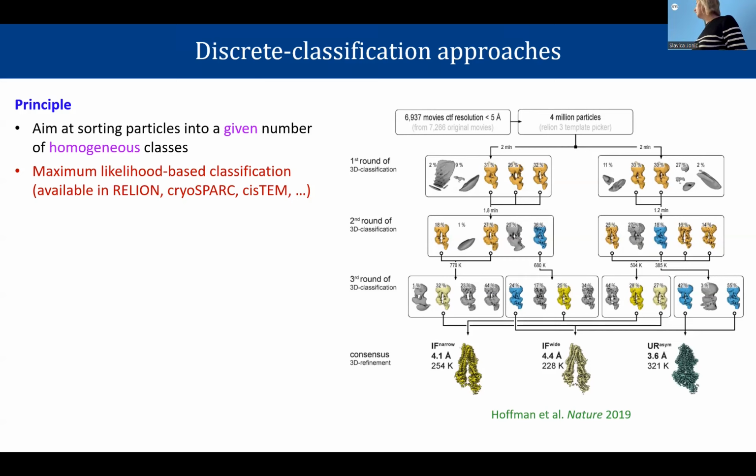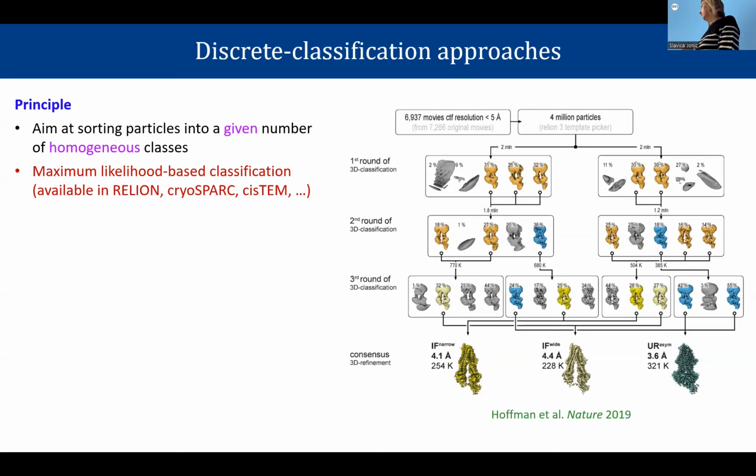And these approaches are available in many packages. Those are a few names of the packages: Relion, CryoSPARC, cisTEM. There is also Scipion. So it looks like this. There are many rounds of classification, and at the end, okay, this is a little bit of an old article.